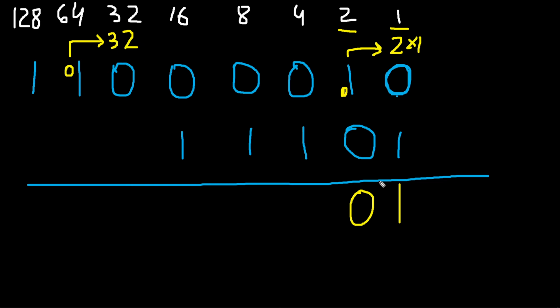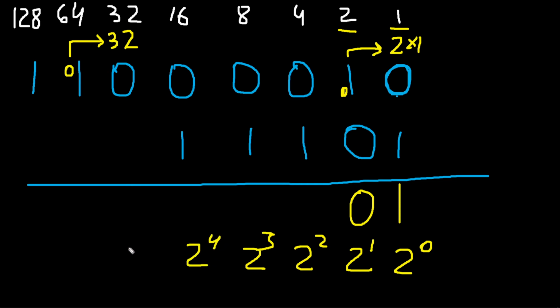You could say that this is 2 to the 0 power, this is 2 to the 1 power, this is 2 to the second power, 2 to the third power, 2 to the fourth power. So you see the logic. Here it's just a power of 2, basically.